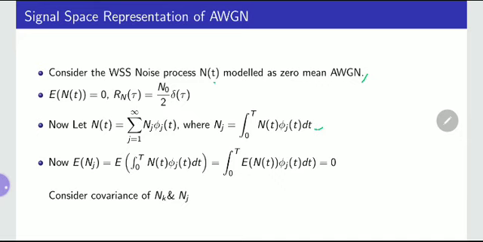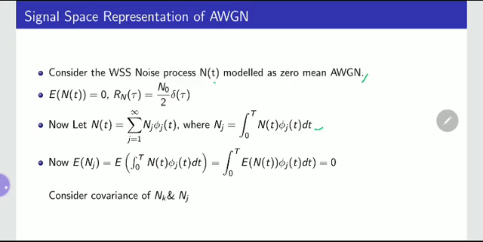Each finite energy signal sk of t exists only from 0 to capital T, so it is of finite duration. This capital T is also the pulse duration, so each message will be represented as a pulse of duration capital T.